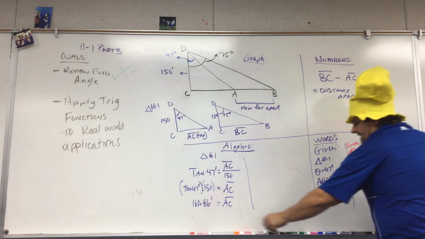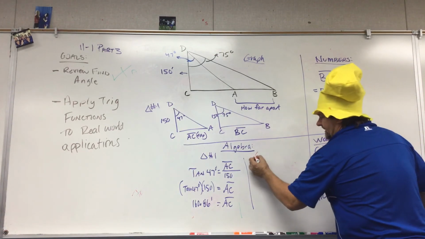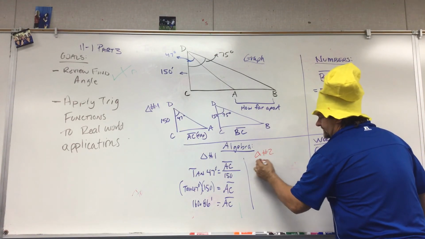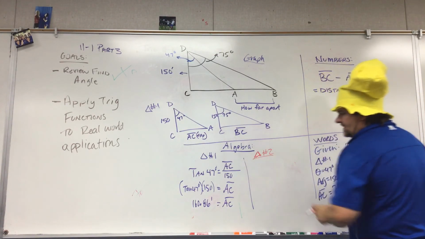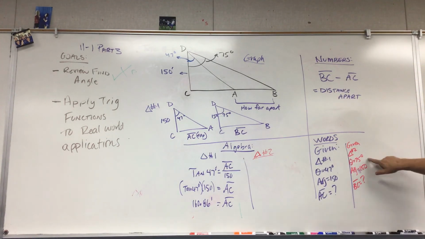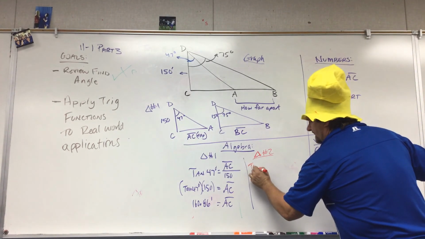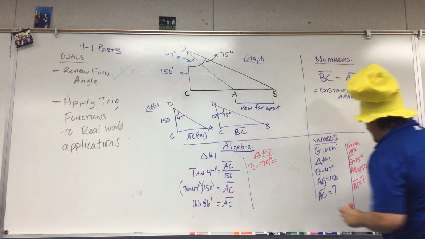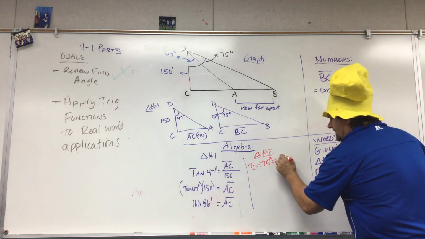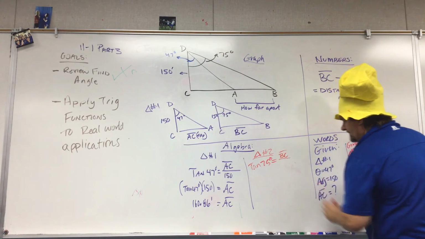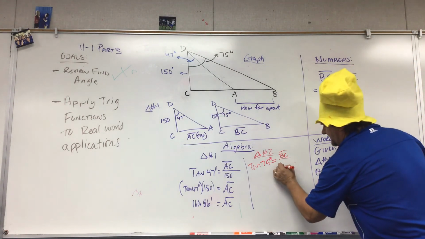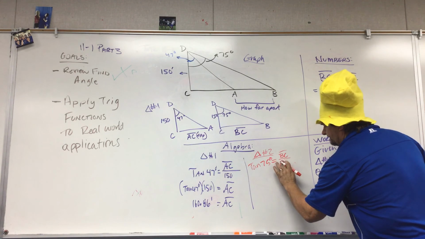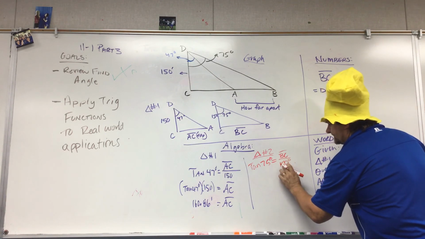So now we're going to do triangle number 2. We have a theta of 75 degrees. We have an opposite we don't know. We have an adjacent of 150 feet.